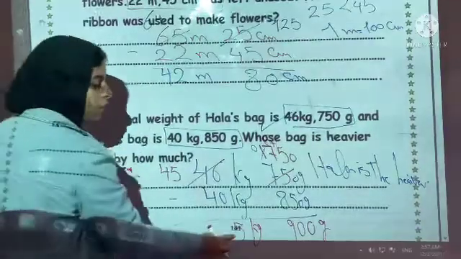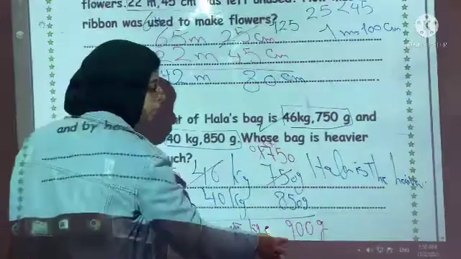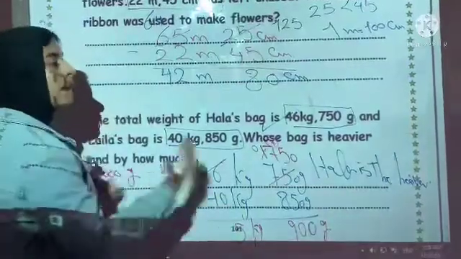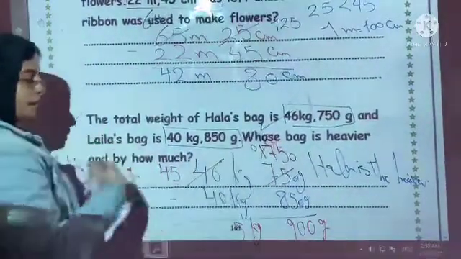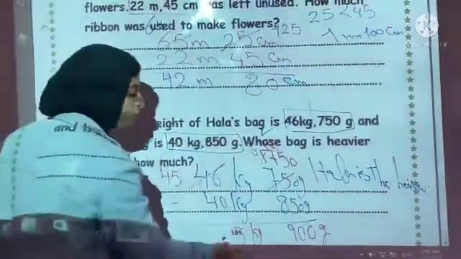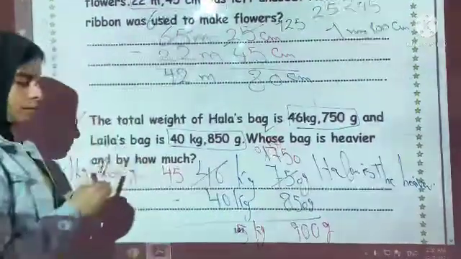So the answer will be 5 kilograms and 900 grams. That means Hala's bag is heavier than Laila's bag by 5 kilograms and 900 grams.